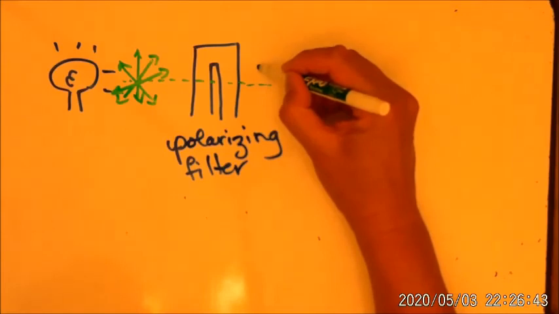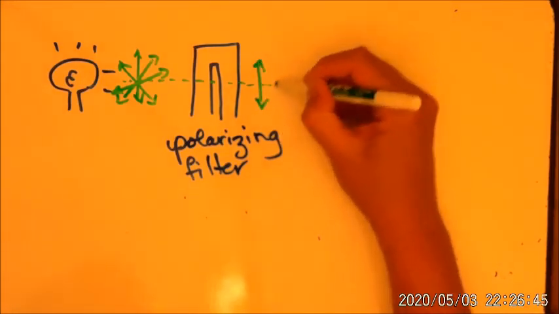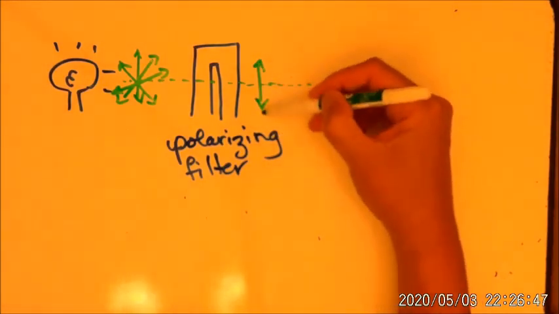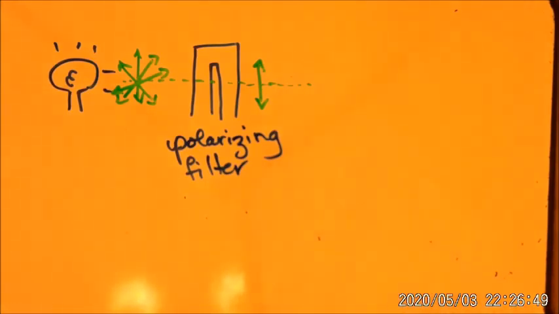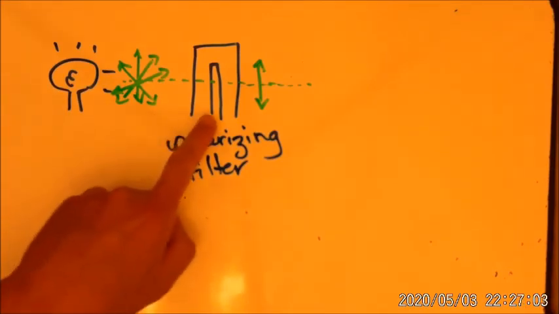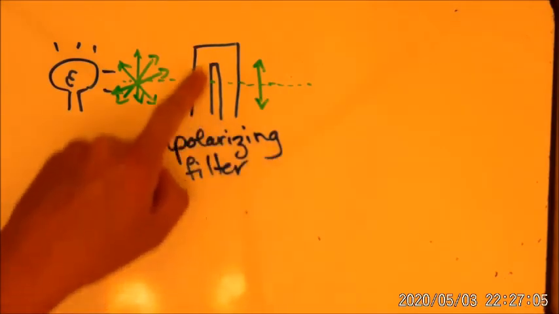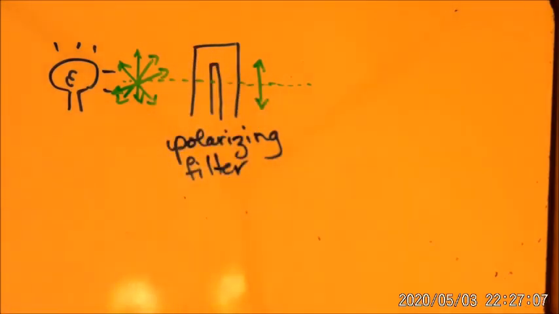The only ones that pass through are in the same orientation as my filter. This is like wearing polarizing sunglasses. The glare gets reduced because a lot of the light isn't allowed to get through. It gets blocked by your polarizing filter.